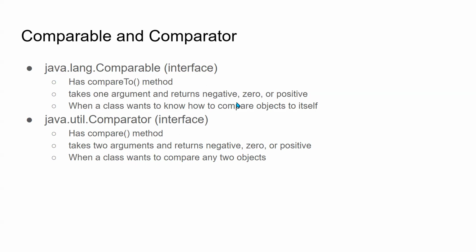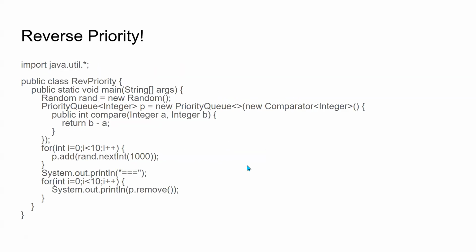You want to sort things in some different order. In that case, you need a comparator. A comparator is something external to the class that you want to sort, and it has a compare method that takes two arguments and returns, just like compareTo, a negative, a 0, or a positive. And when a class wants to compare any two objects, it asks the comparator what order they're in.